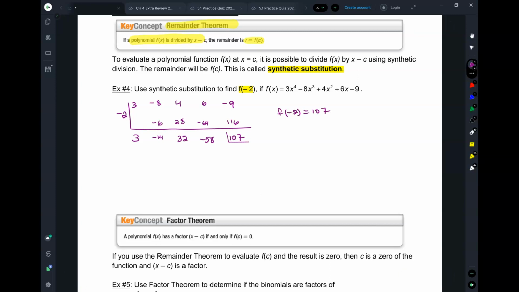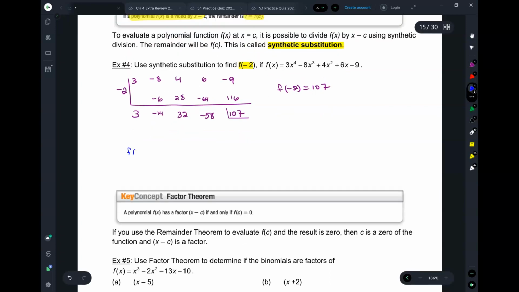If you don't believe me, let's do it the old way. F of negative 2 is 3 times negative 2 to the 4 minus 8 times negative 2 cubed plus 4 times negative 2 squared plus 6 times negative 2 minus 9.